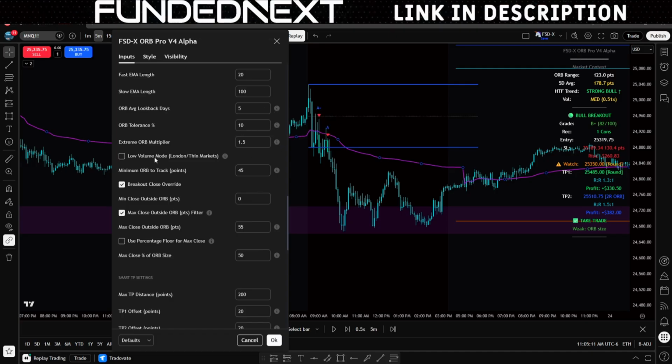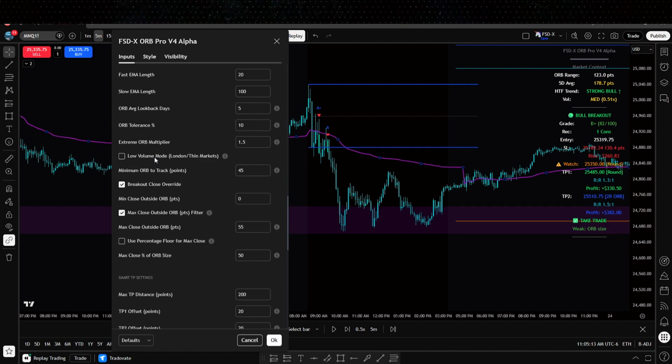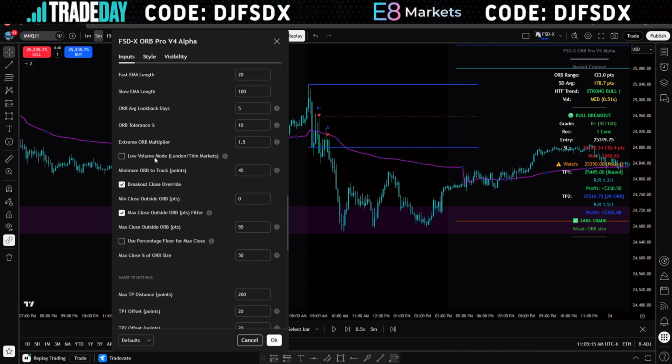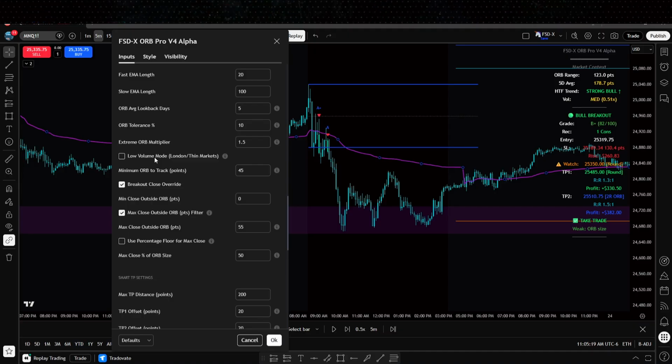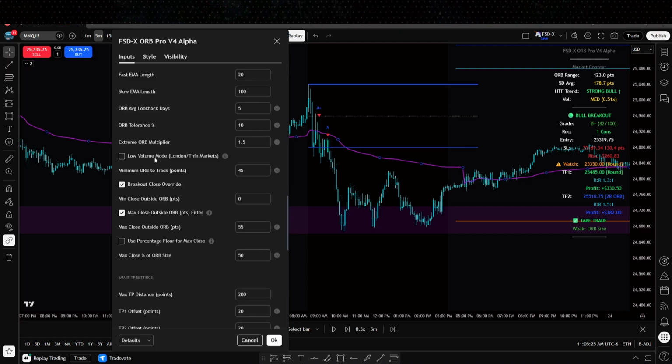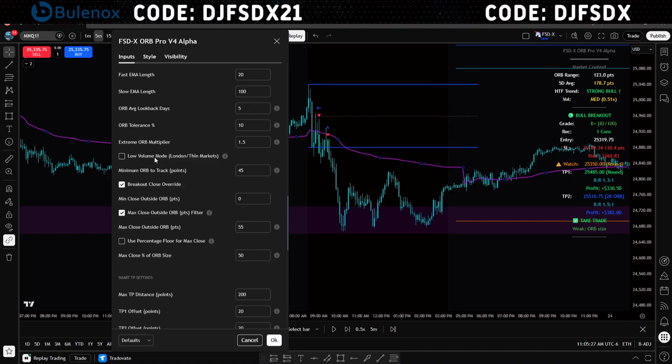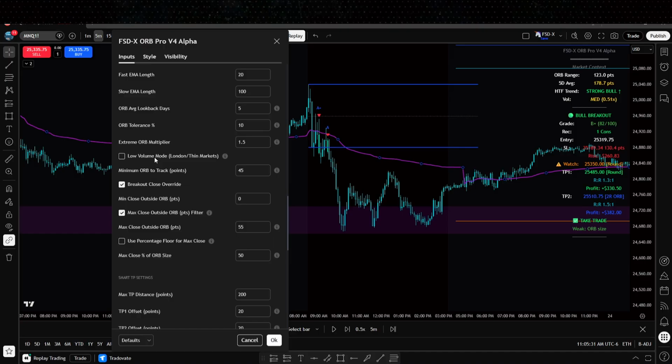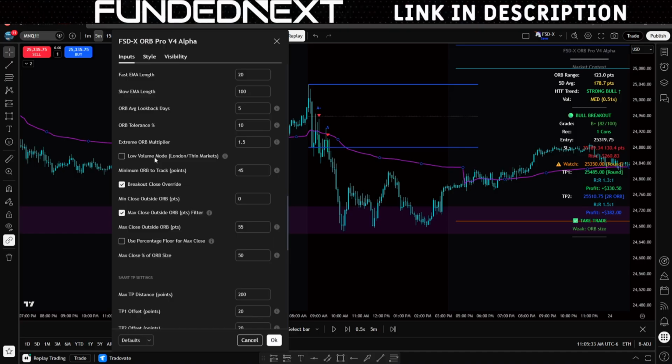I found that it's helpful, but it just basically lowers down the volume profile in the indicator. It's good. It works. I wouldn't necessarily say you need it with London. Like I said, it's something you can backtest and see if it's working for certain markets. It's just something that lowers down the volume profile inside the indicator. Otherwise, I just leave it alone.